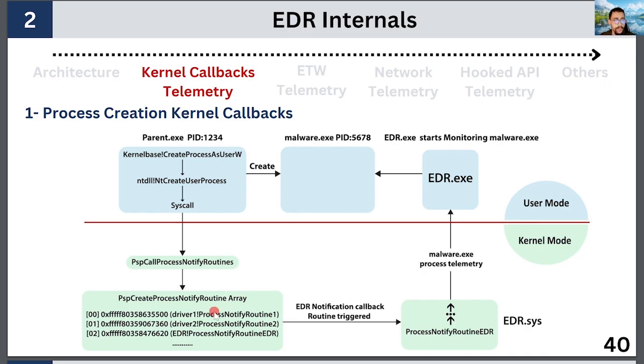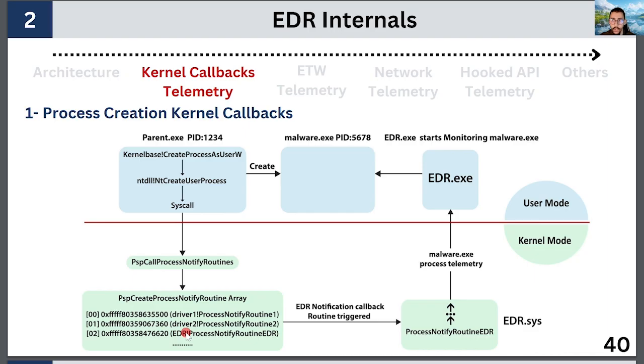This array holds pointers to all registered callbacks from drivers interested in process creation events. In this diagram, the array contains a couple of entries. These entries represent the callback routines registered by driver 1 and driver 2. These could be system drivers or other loaded drivers, and EDR.sys.